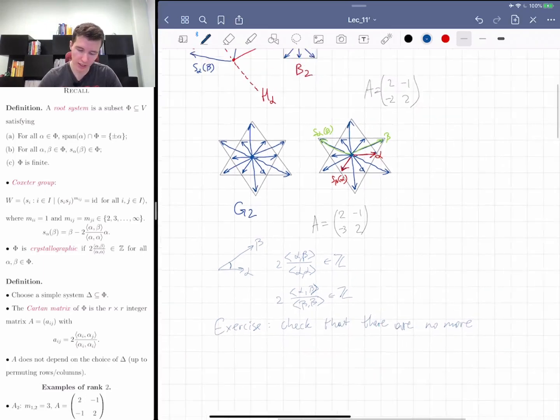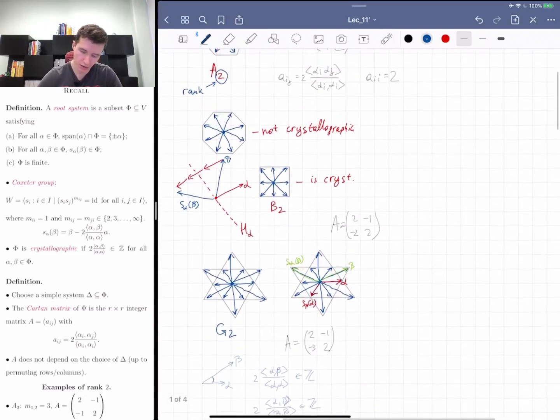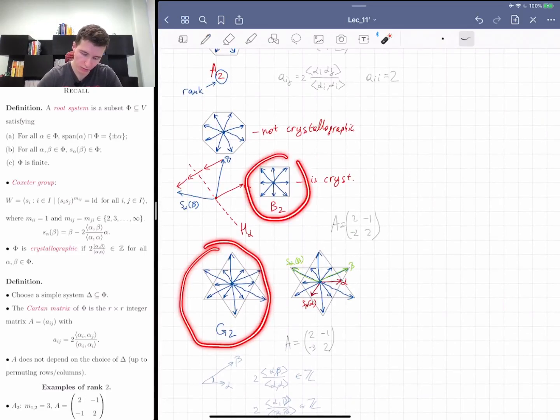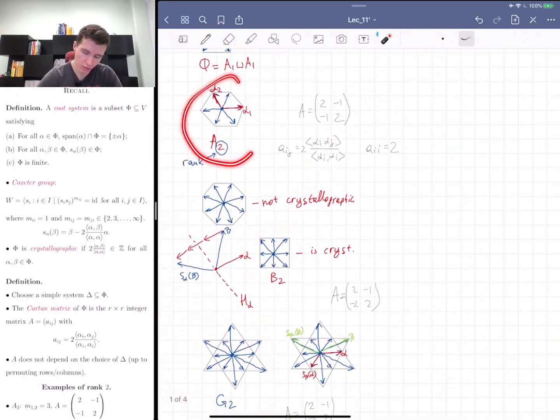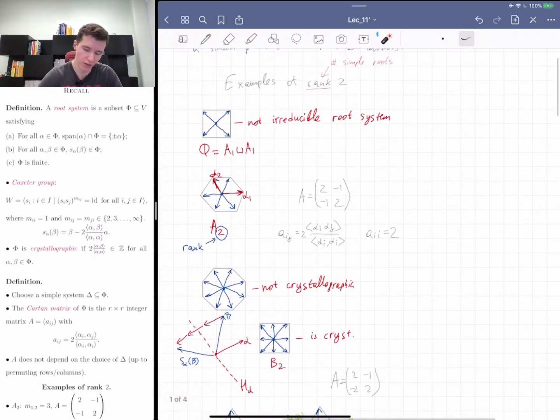So we have somehow classified them: the only possible ones are G2, B2, A2. These are the irreducible ones, and there's also a reducible one, A1 times A1.